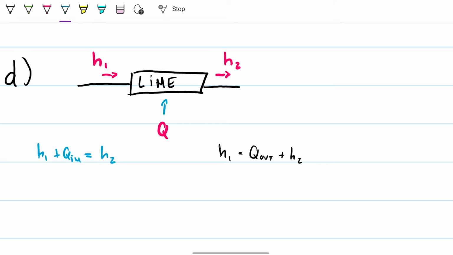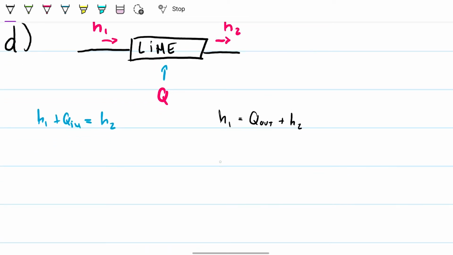I can do both ways, and if I get a positive number doing this way, it means this is right. If I get a negative number, this is wrong, and then I need to flip and say, okay, this is Q in. Likewise, over here, if I do it like this and I get a positive number, then it's the right assumption. If I get a negative number, it's a wrong assumption. I need to flip it. So it doesn't really matter. Whatever rocks your boat. We can do both here, but this is pretty straightforward.